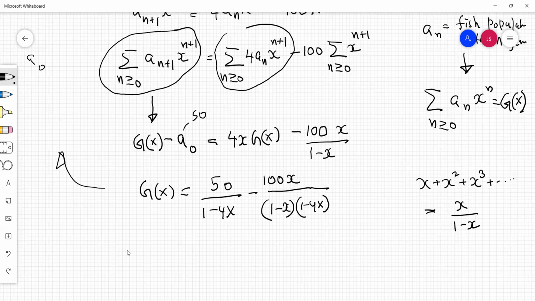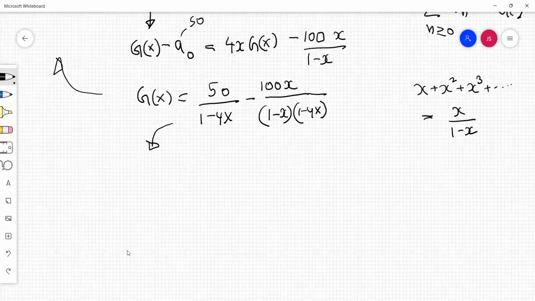Actually, the frog population after n years, each n year, is included in this generating function. But the problem is, without expanding it, we cannot practically find it, right? Now the next task is expanding that one.